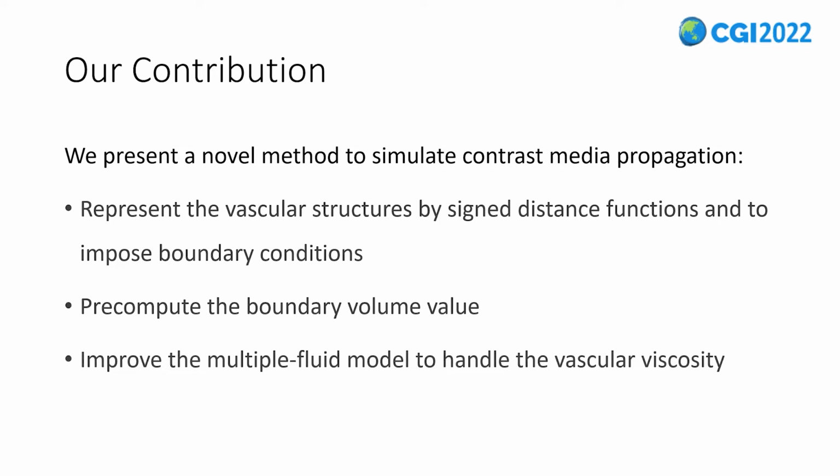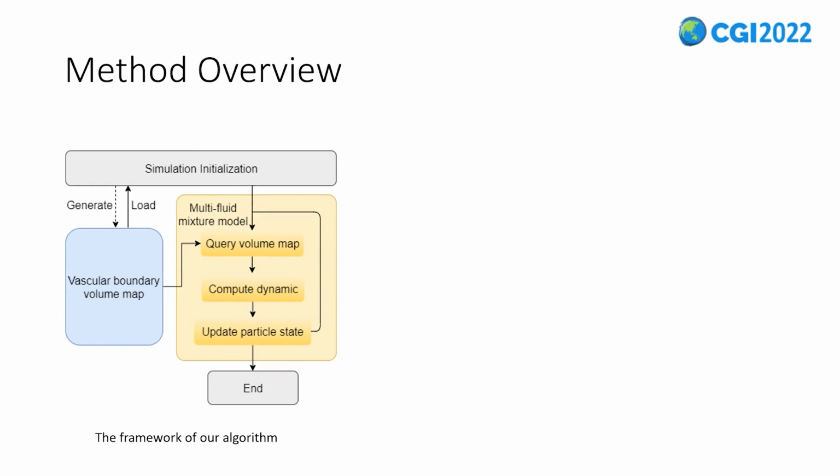In addition, we improve the multiple fluid model by taking the vascular viscosity into account, which achieves more realistic and accurate results. On the left is the framework of our algorithm. As depicted in this figure, our algorithm consists of two parts, the vascular boundary volume map and the multi-fluid mixture model. When the simulation starts, we initialize the particles and the simulation parameters.